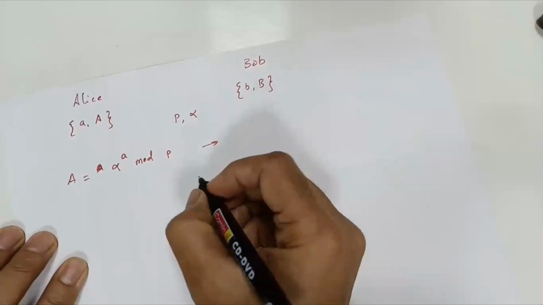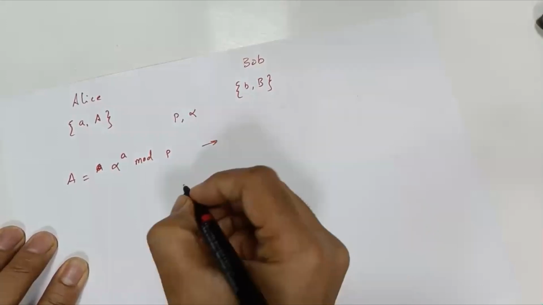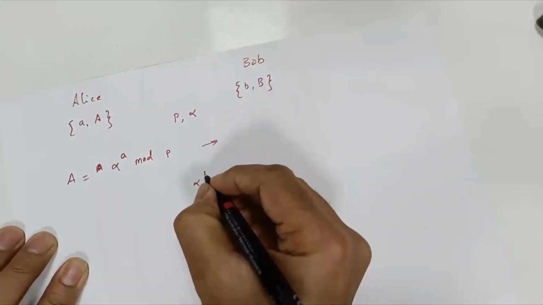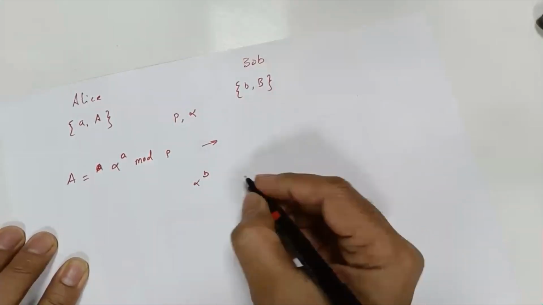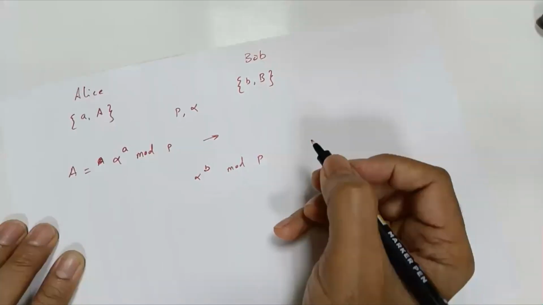And the other user raises alpha to its own private key mod p, right?